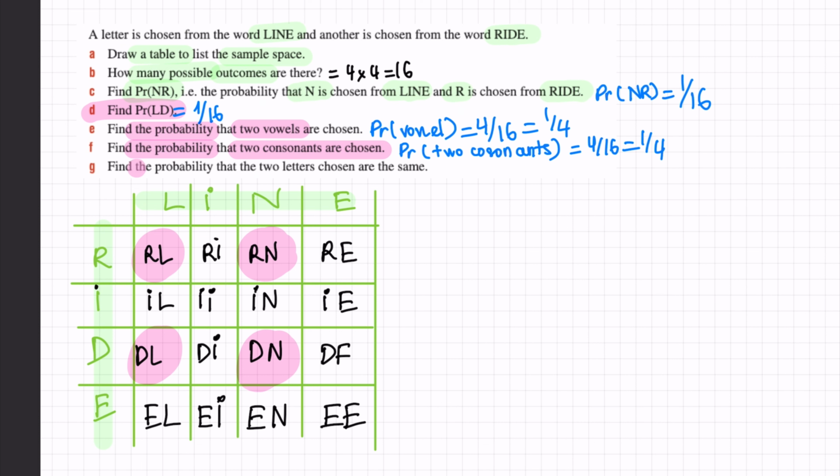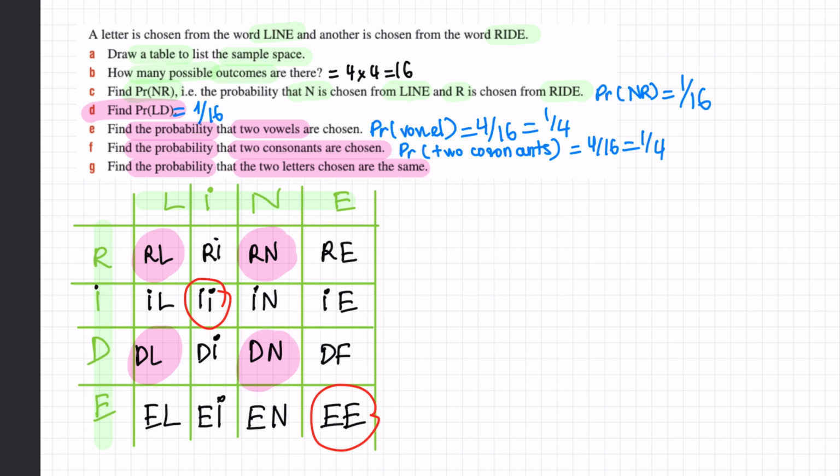Now find the probability that the 2 letters chosen are the same. Let's have a look. I'll use a different color, maybe circling it. The 2 letters are the same: I here, E here. We don't have RR, LL, DD.